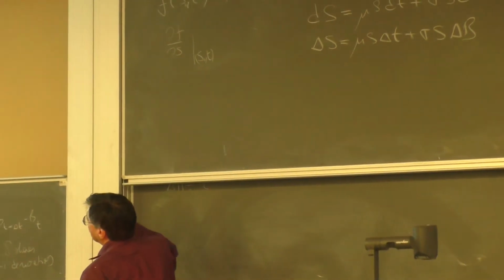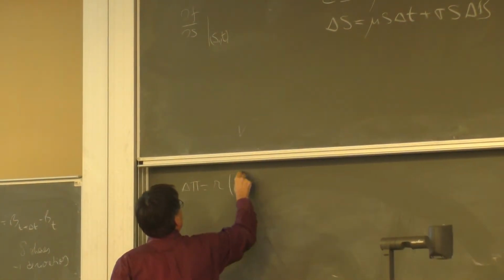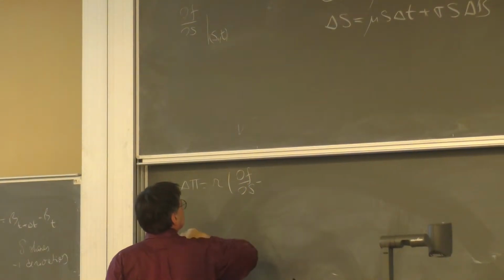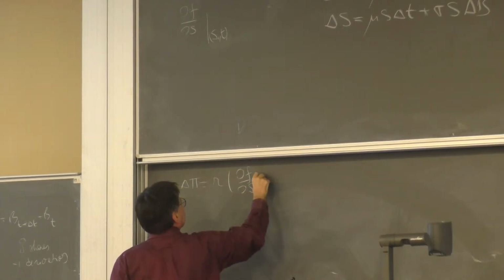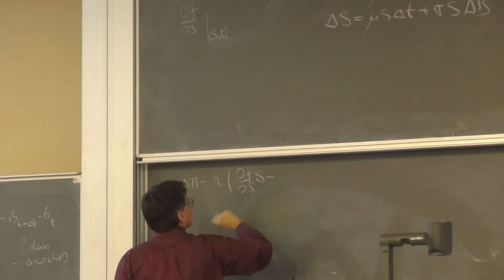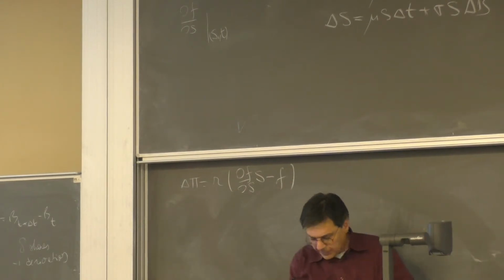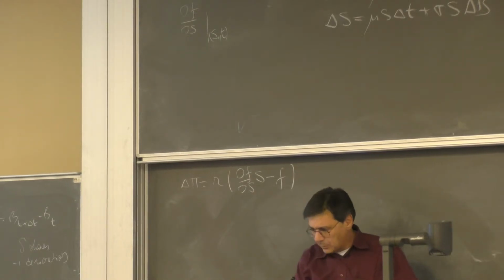Now let me remind you what Π was. Π was delta F delta S, S minus F. So I'm just writing down the definition of the portfolio again. So here's my portfolio.